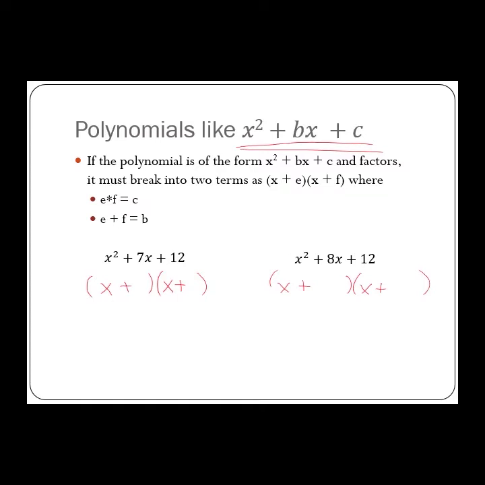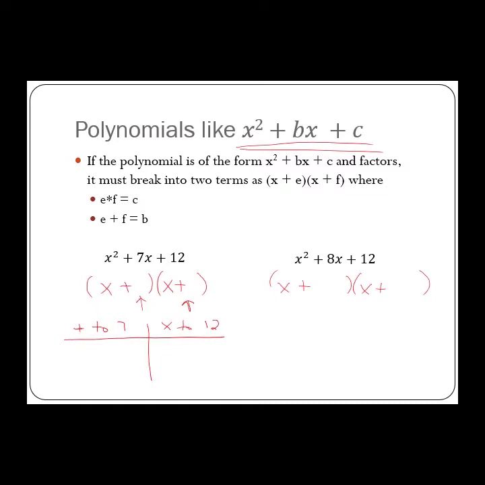Now, what happened again? The middle, these two numbers here, whatever they are, they need to add to 7, and they need to multiply to 12. So I'm looking for two numbers that add to 7 but multiply to 12.